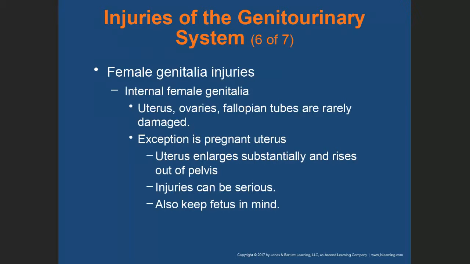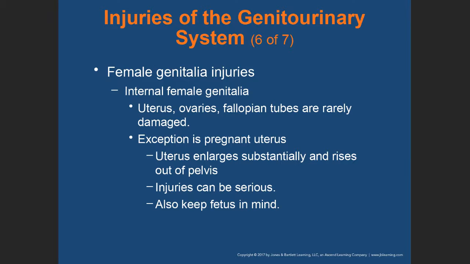For female genitalia injuries, the reproductive system is mostly internal. The internal female genitalia, uterus, ovaries, and fallopian tubes, are rarely damaged. The exception is a pregnant uterus. The uterus enlarges substantially and rises out of the pelvis, which puts it at risk for injuries.